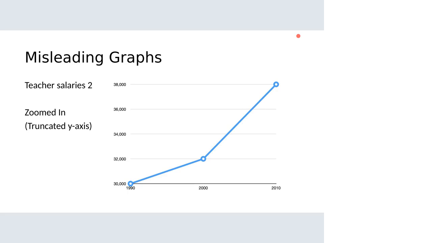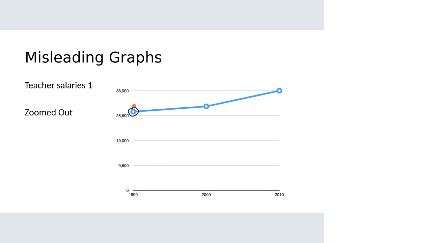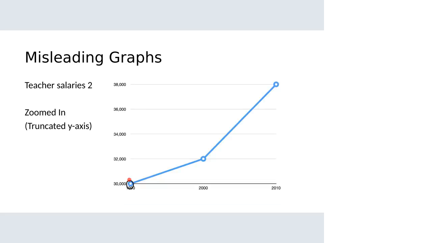What's really important to note here is the numbers in this graph, 30,000, 32, 38, compared to the numbers in this graph, 30,000, 32,000, 38,000. They're the exact same numbers. Those two graphs have the exact same data on them.